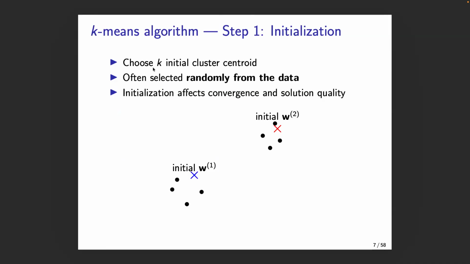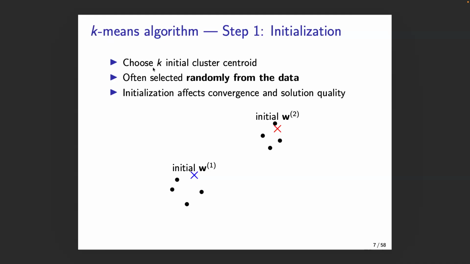So we can proceed in steps. The first one is the initialization. We choose k initial cluster centroids before starting with our data set. Often they are selected randomly from the data, even if this initialization isn't the best one, because initialization affects the convergence.